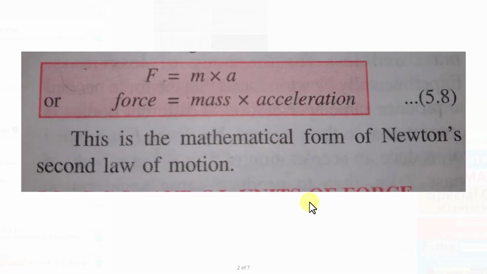So children, the Newton's second law of motion mathematical form we derived, what is that? F is equal to ma. Force is the product of mass and acceleration.